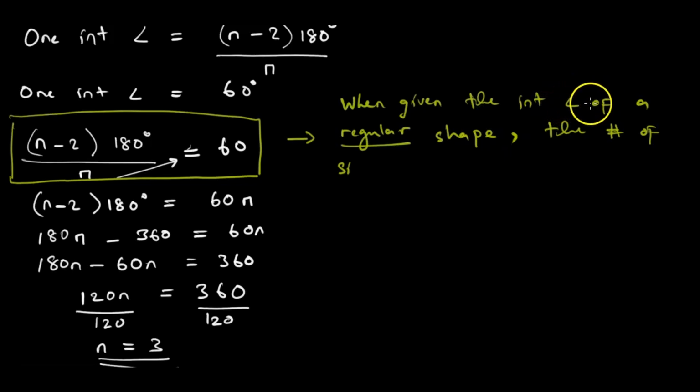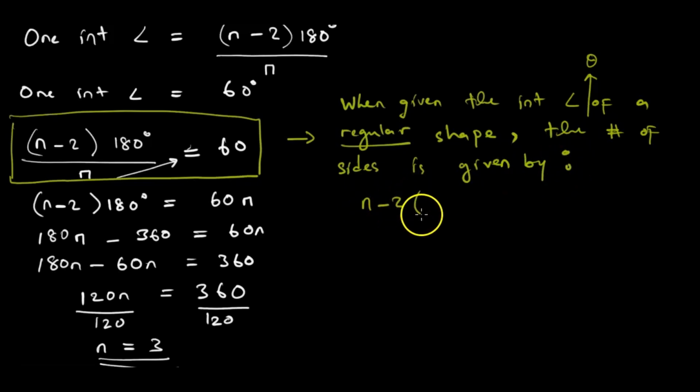Suppose we are given the interior angle, let's call it theta. So the number of sides is given by (n minus 2) times 180 over n is equal to theta.